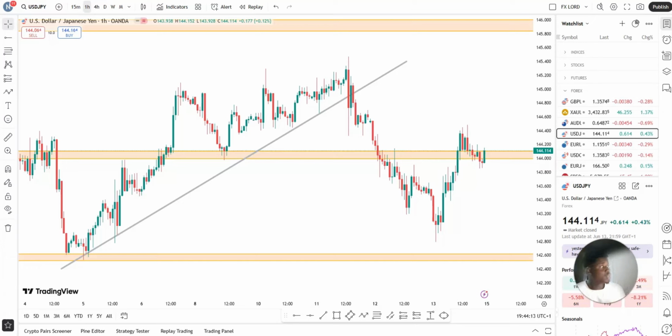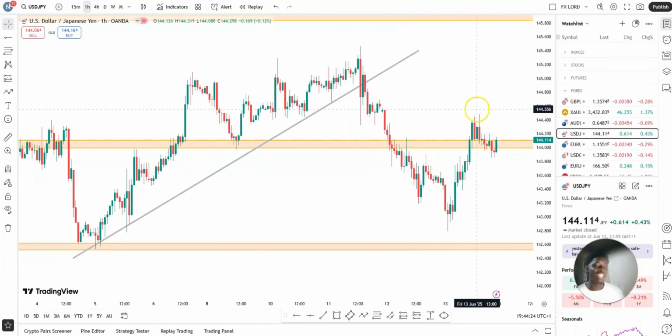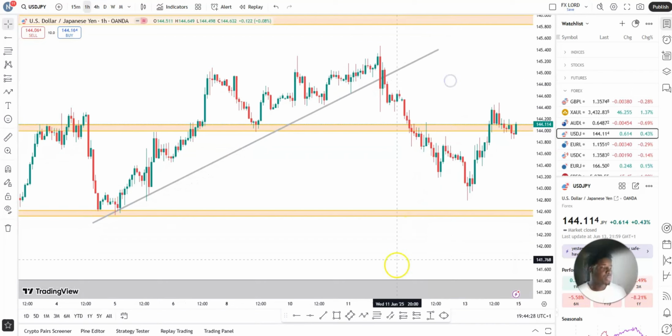So I was talking about USD JPY going bearish after a breakout from the trend line. And as you can see on my screen, USD JPY has been bearish, right? So in a previous video, we talked about USD JPY coming below this trend line, then giving us a retest.